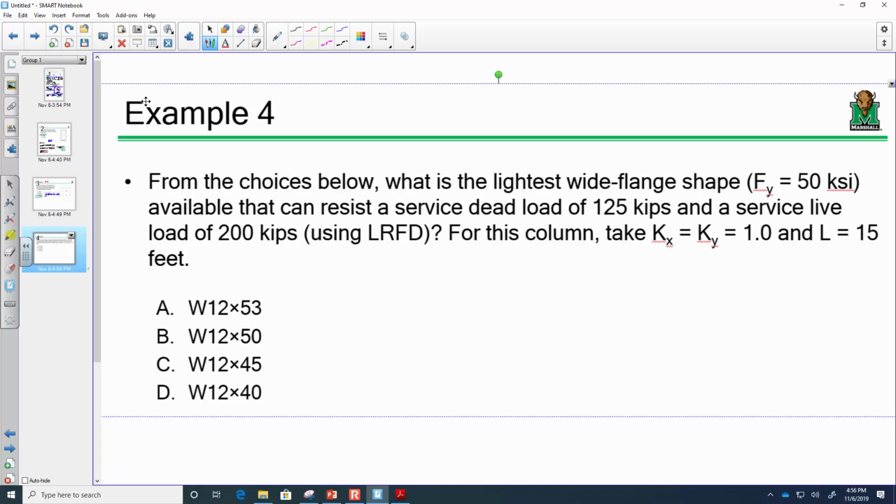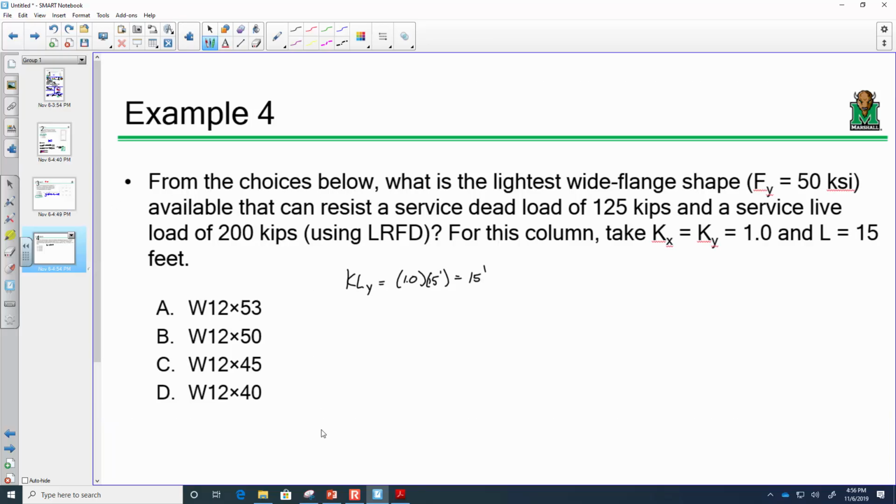Then I've got to figure out what's going on. But because everything's the same, all I have to consider is KL along the y-axis is 1 times 15 feet, which is 15 feet. And then my factored load is 1.2 times 125 plus 1.6 times 200.